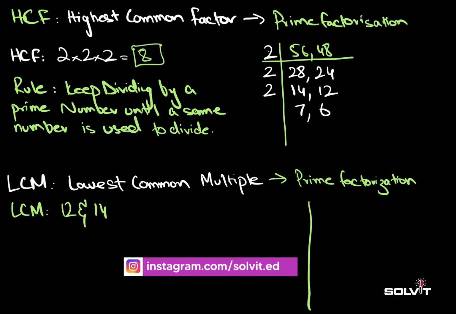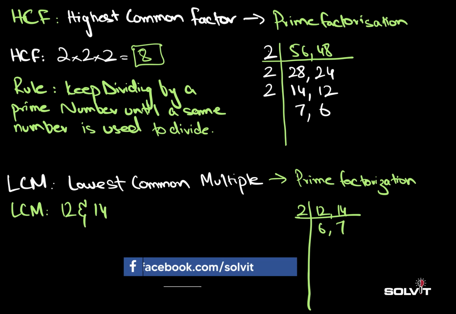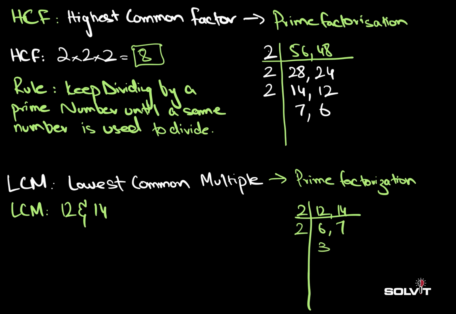So let's just look at that. 12, 14. Two sixes are 12, two sevens are 14, but since it's the LCM, we need to make the prime factorization of each number till 1. So that means we'll be further dividing it. Two threes are 6, two three ones are, and then seven ones are 7.